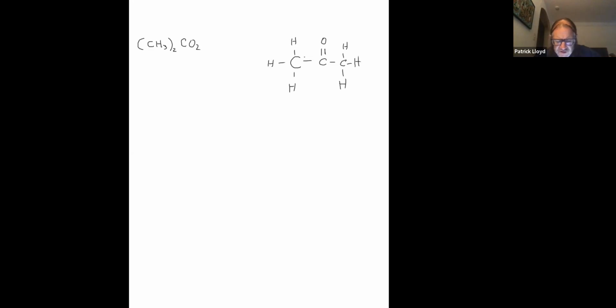Oops, sorry, I made a little mistake there. Let me fix that mistake. I forgot that oxygen. There we go. Okay, now you can sort of see that. So this is our methyl acetate.